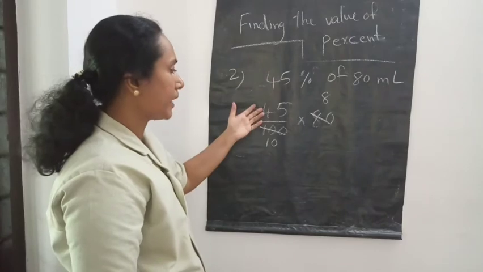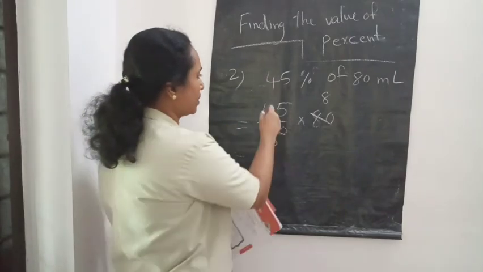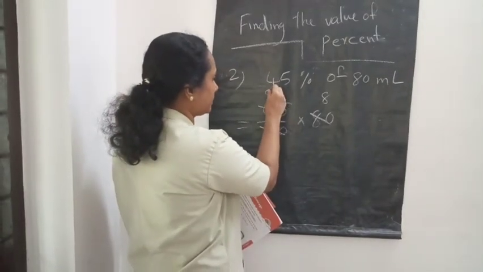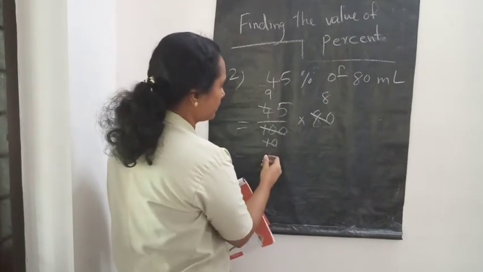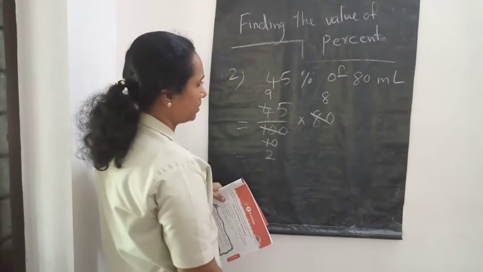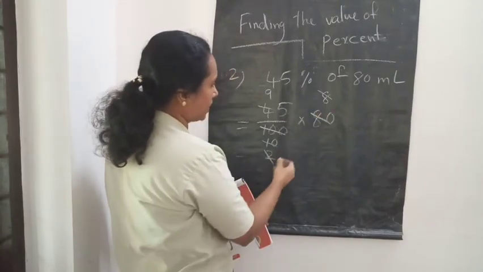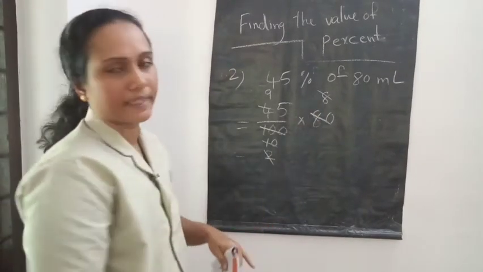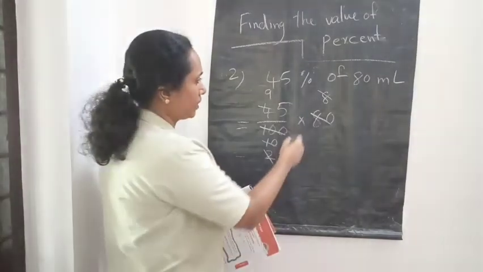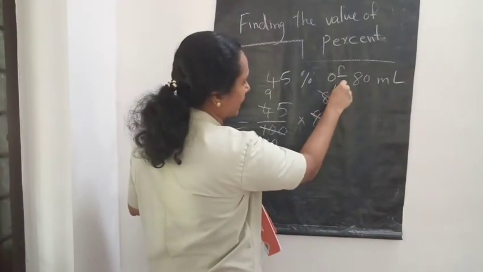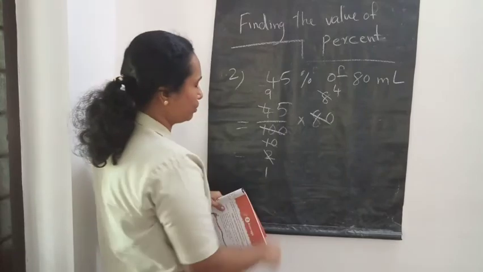Then again 5 is a common factor. Then in 45, 9 fives are 45. Here 2 fives are 10. Again we can simplify 8 and 2. 2 is a common factor. Then 4 twos are 8 and here 1 time 2.